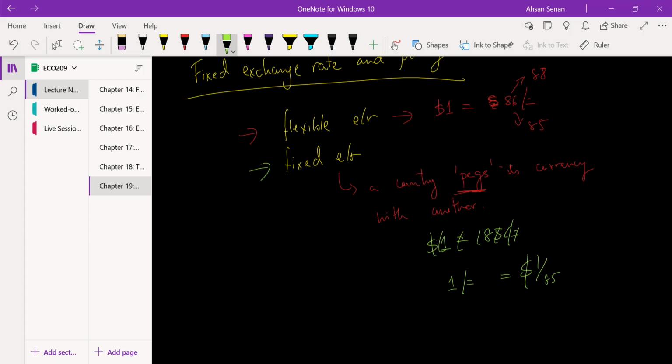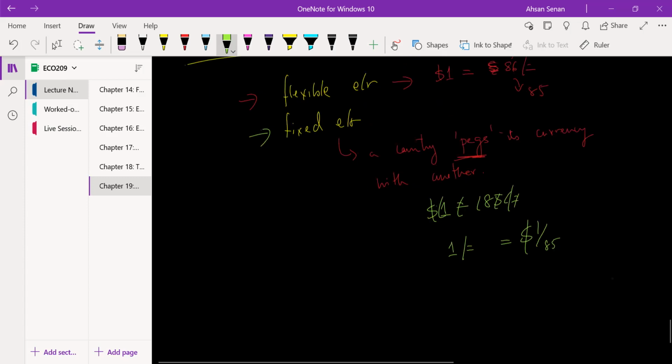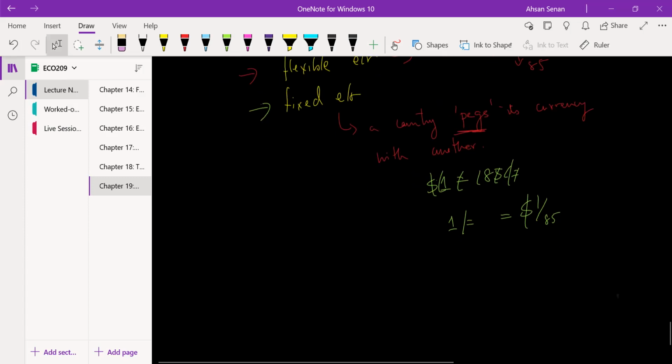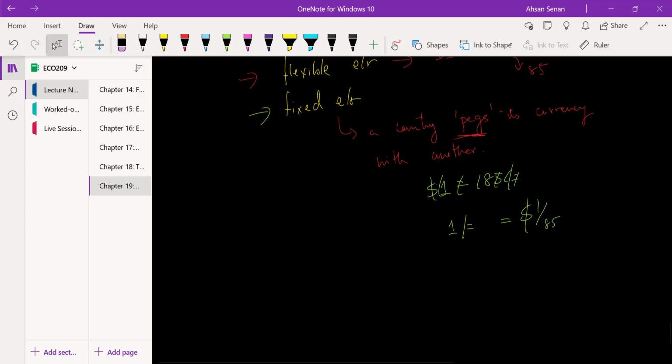We are pegging the value of Bangladeshi taka to the US dollar. There is literally zero chance of this happening, but for the sake of the argument, some countries do this.